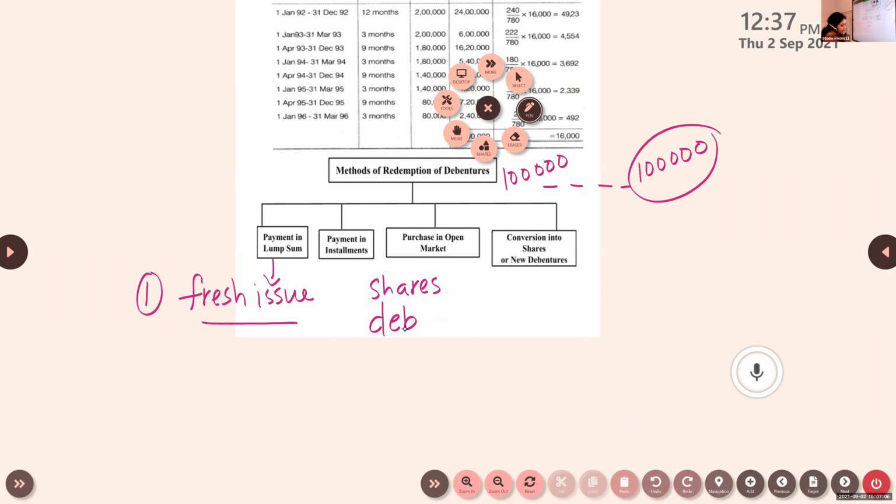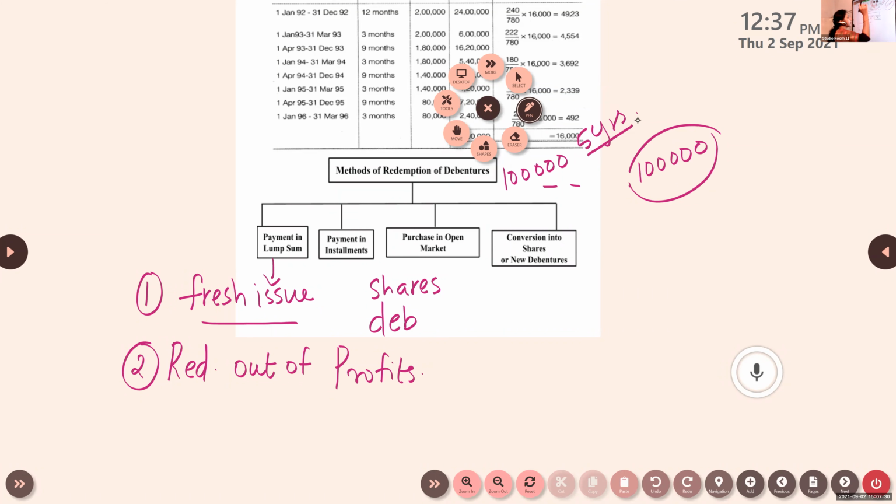The next method is redemption out of profits. So the first one is clear, no? Fresh issue. If suppose it is after 5 years, they have to give this amount back.